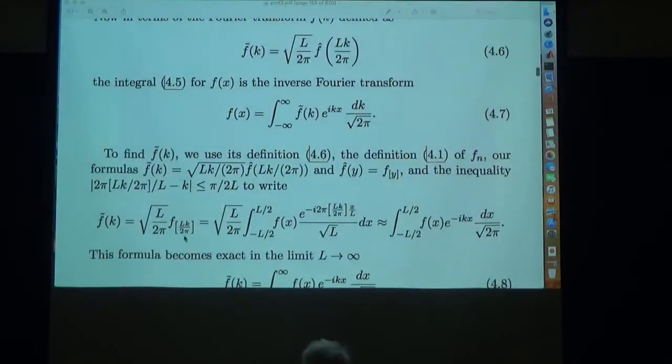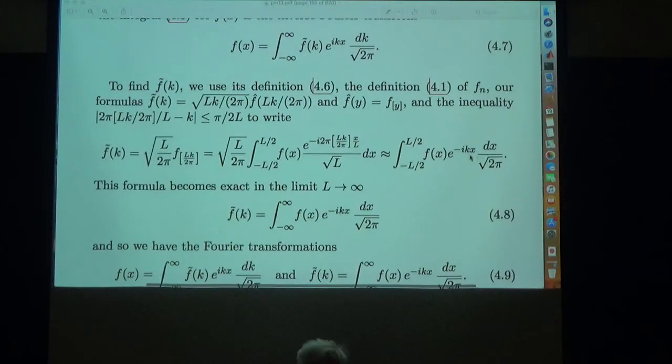Anyway, what happens is f tilde is then this, which is this integral from minus L over 2 to L over 2. And now, canceling things out, we get this. And so then we're basically done. We have that the Fourier transform is an integral from minus L over 2 to L over 2. We just take the limit.